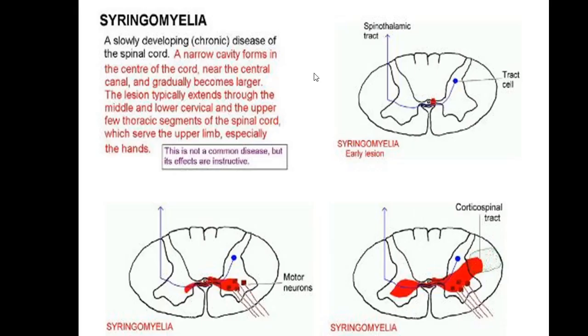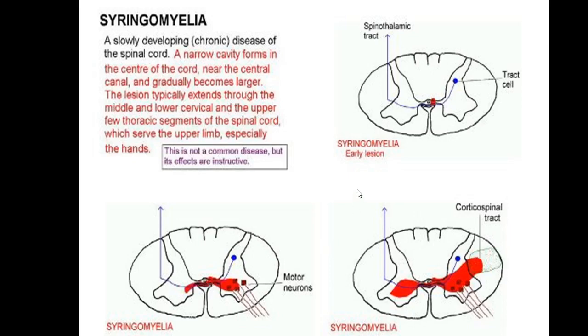Then syringomyelia. It is a slowly developing disease of the spinal cord. A narrow cavity forms in the cord near the central canal and gradually becomes larger. The lesion typically extends through the middle and the lower cervical and the upper few thoracic segments of the spinal cord, which serves the upper limb, especially the hands.